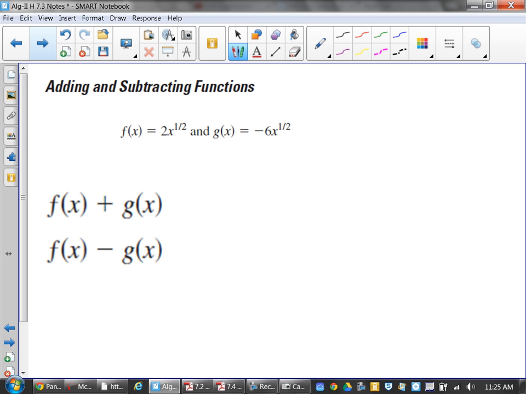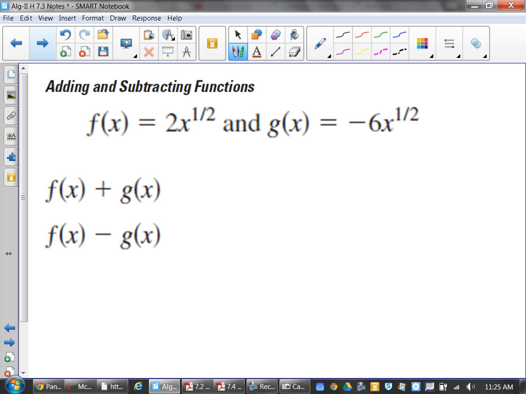Same thing goes for fractional exponents. If I'm going to have two values, f of x is 2x to the half, and g of x is negative 6x to the half, I'll show you how this is going to work. The difference between what you guys were doing last week and what we're doing today is that they're starting off the problems one step earlier.